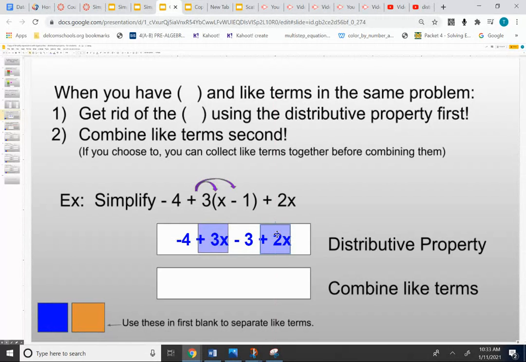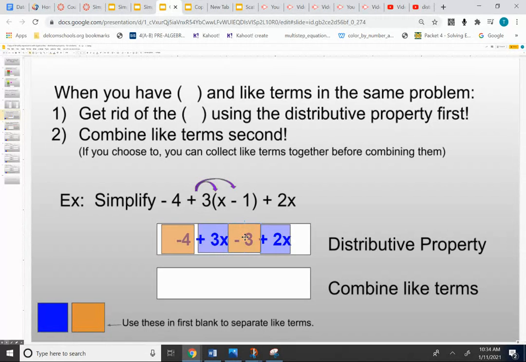Always keep the sign in front of them. I'm going to highlight those in purple because those are like terms. Then I'm going to highlight my constant numbers, my regular numbers, in orange. So I have a negative 4 and I have a negative 3.